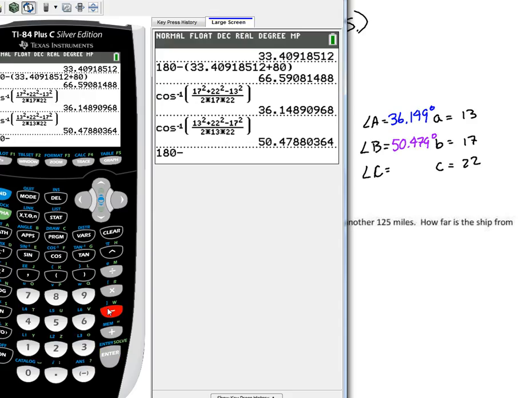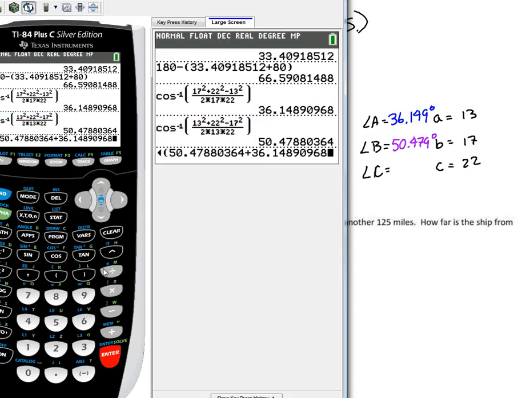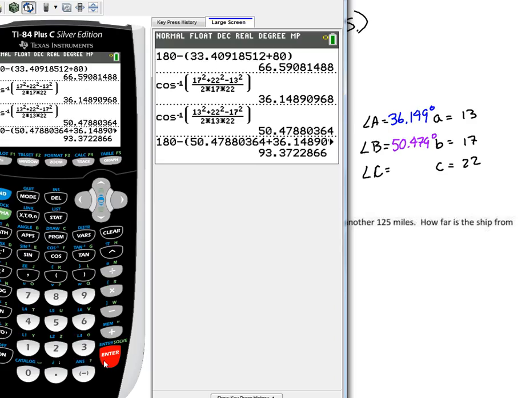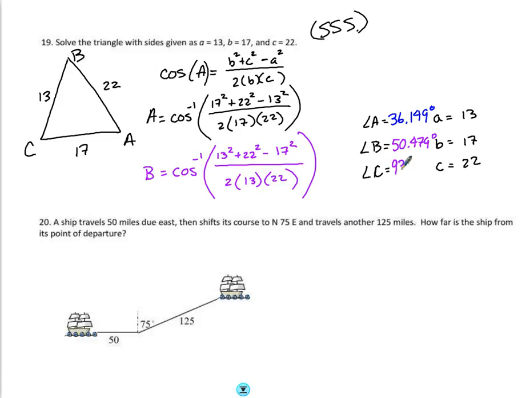So I can just go ahead and go up to that one and add to that one. Close parenthesis, and I get 93.372. And that's using law of cosines.